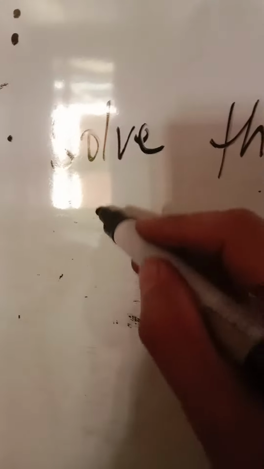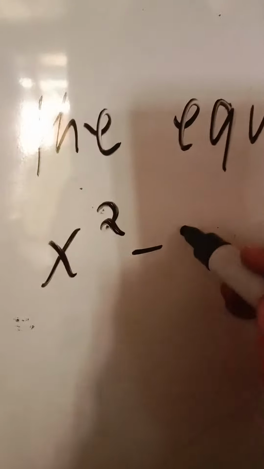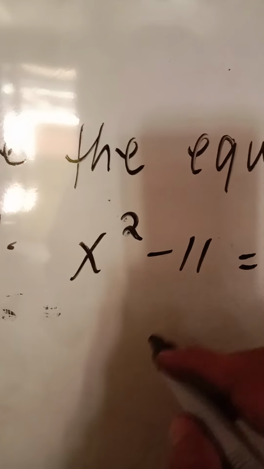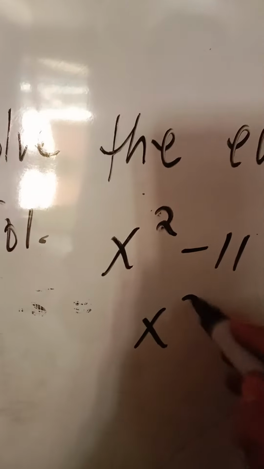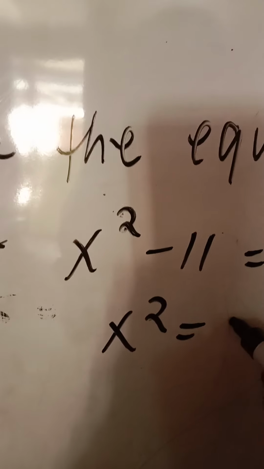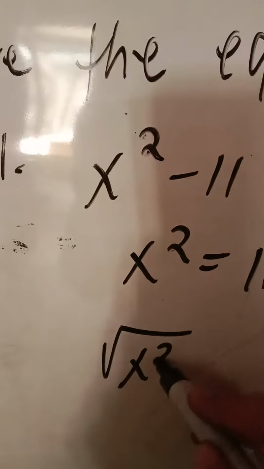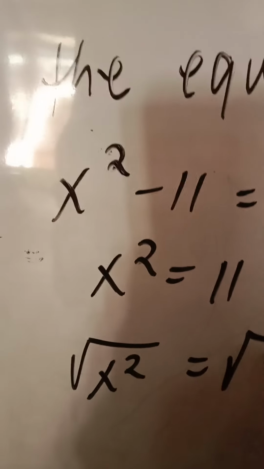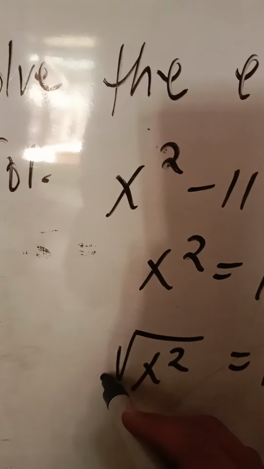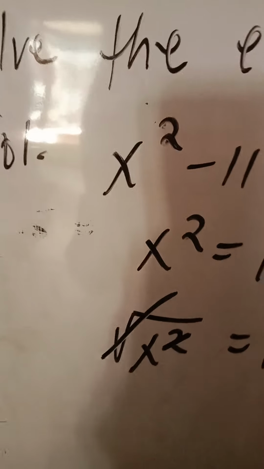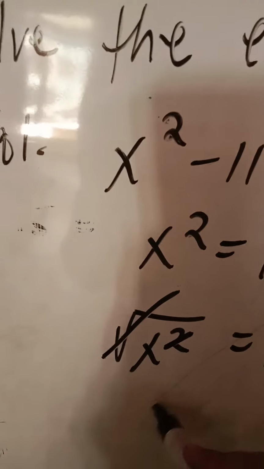So the solution is x squared minus 11, using the square root. Transpose the negative to the right side and it becomes positive 11. So take the square root of both sides, the square root of 11. Cancel the square root and the power of 2, what remains is x.